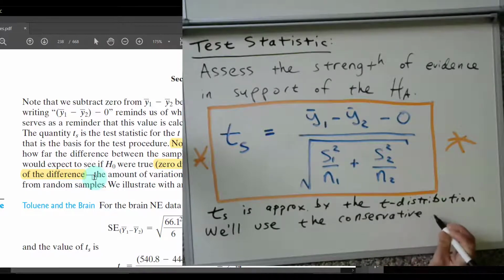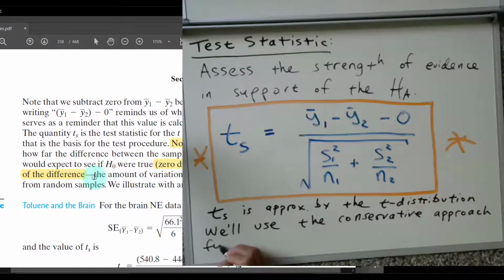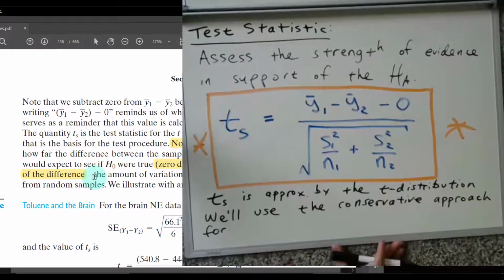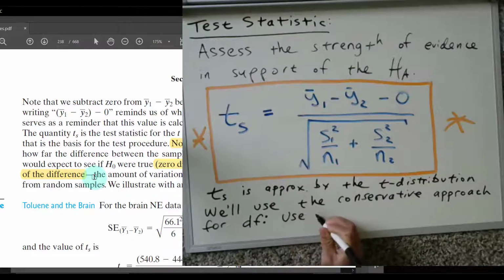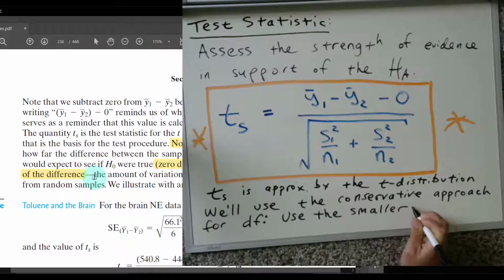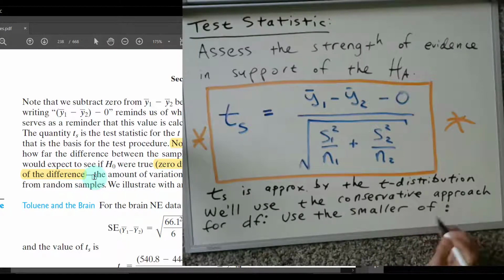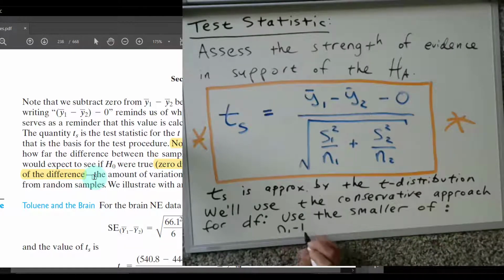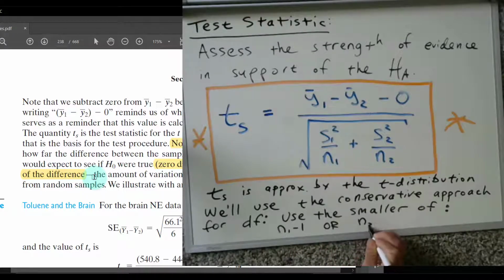The conservative approach for determining the appropriate degrees of freedom: we'll just use the smaller of the two sample sizes. So n minus 1 for the first sample, or n minus 1 for the second sample. Whichever one of those is smaller, go with it.